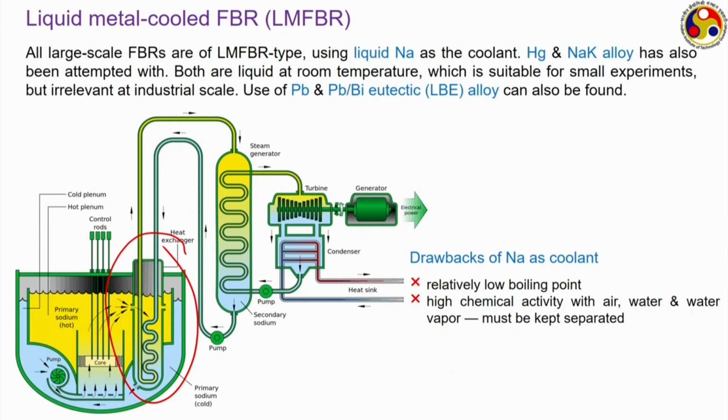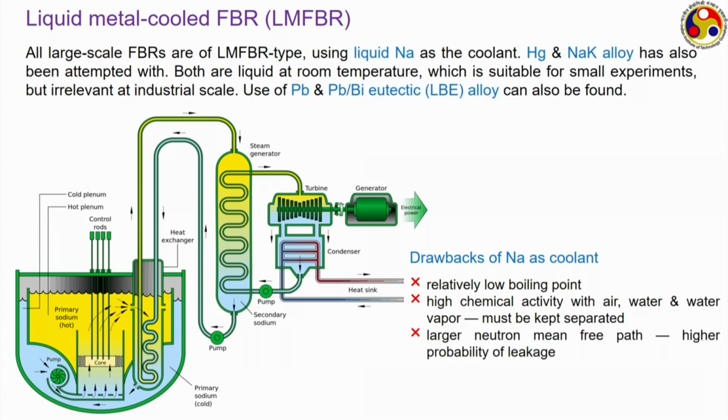Rather, we are using the secondary sodium loop, which is operating at a lower temperature level, and that provides a safeguard, so that the sodium on the primary side is never coming in contact with the water or water vapor.